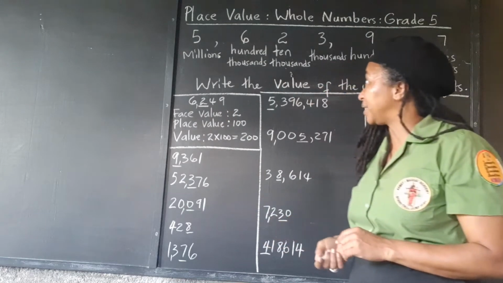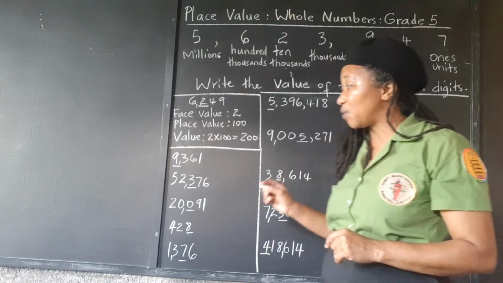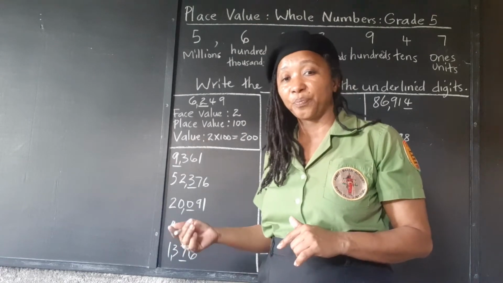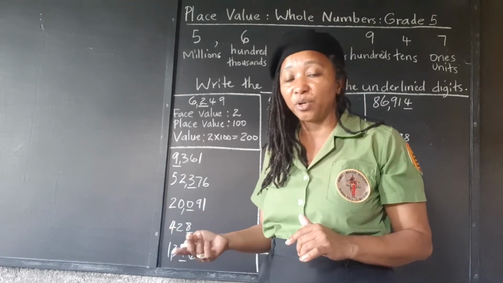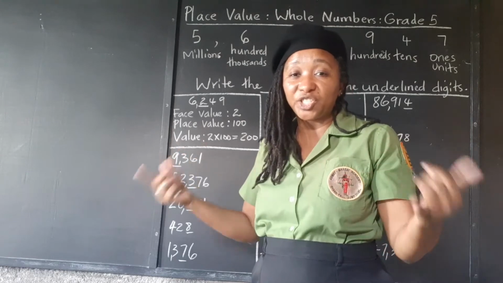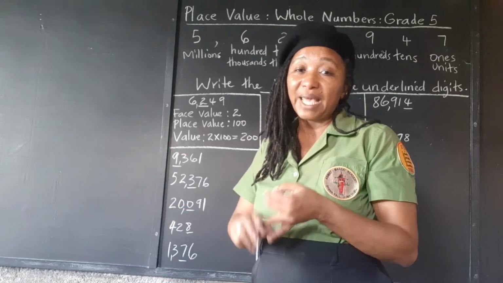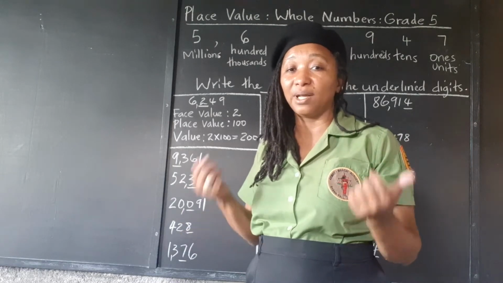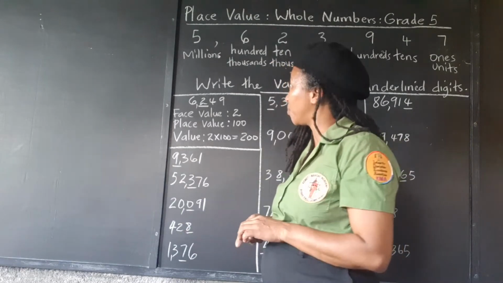So we're going to go through and see which digit is underlined and say the actual value. So remember, the actual value would be the face value, what digit it is, times the place that it's in. And that will give us the total actual value of the number.